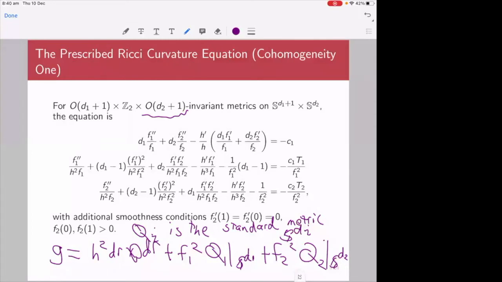So the problem is I'm trying to find positive functions f1, f2, and h, solving this particular problem here.